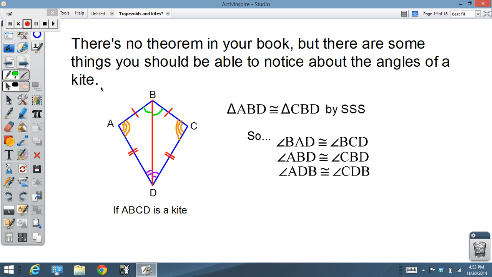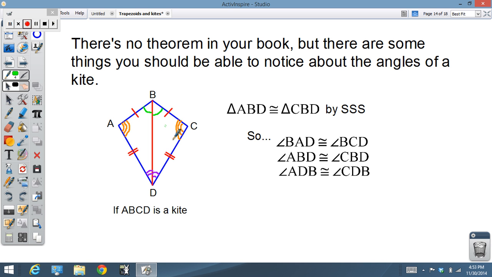Now, we don't have theorems for a couple things, but you should be able to notice a couple things about it. If we draw a line BD here, notice that we've got one side that's reflexive, two sides are congruent. Triangles ABD and CBD have to be congruent by SSS. And what that tells us is that this angle here must be congruent to this one.